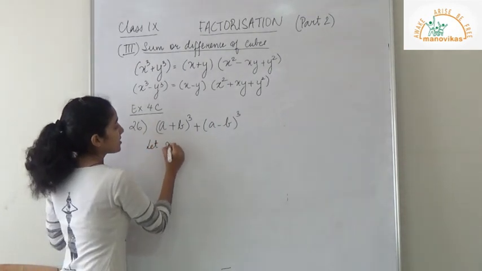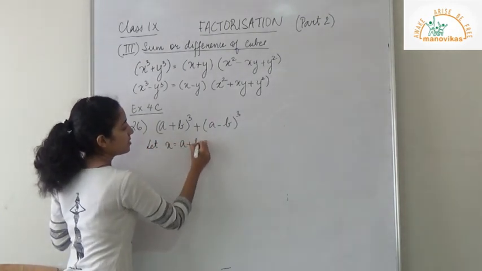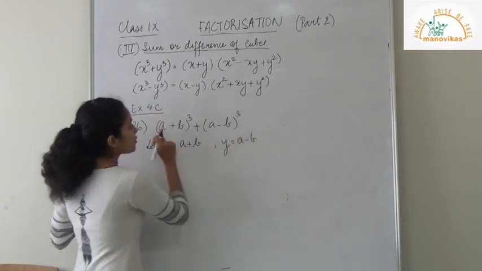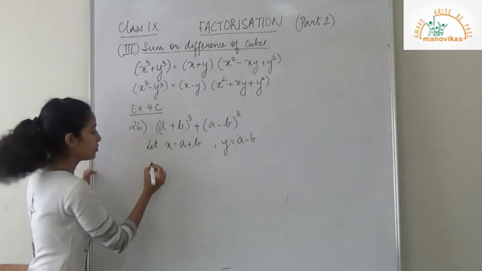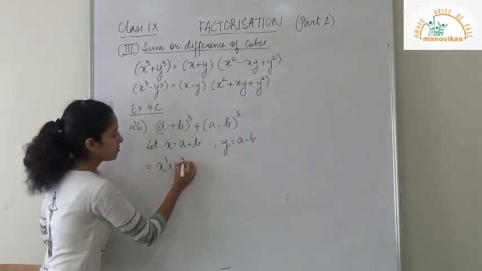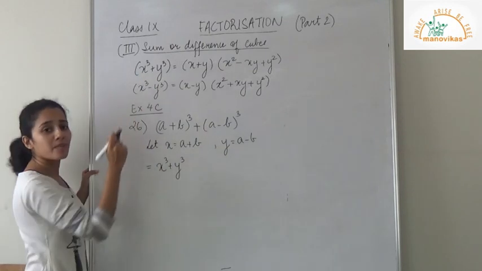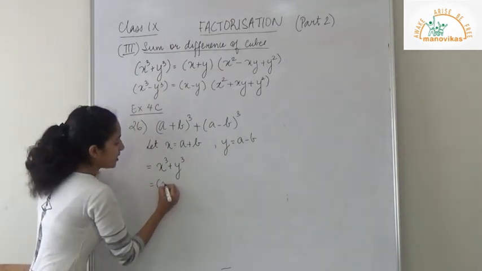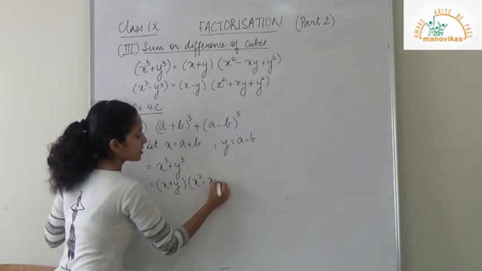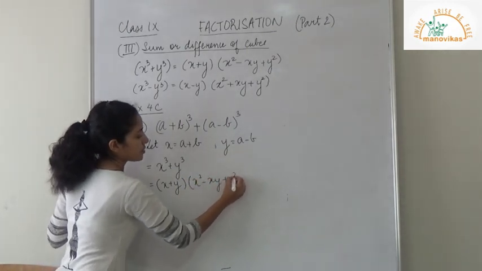Let x be equal to a plus b and let y be equal to a minus b. So the original expression will turn out to be x cube plus y cube, which is nothing but the sum identity, which is x plus y times x square minus xy plus y square.